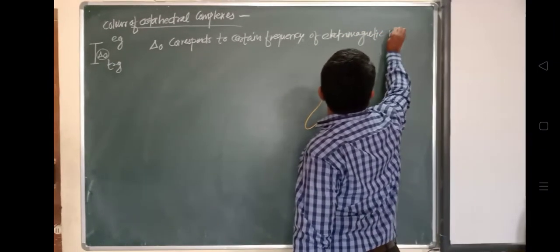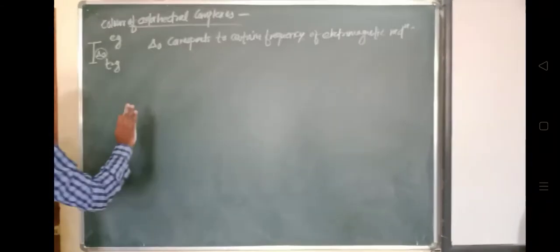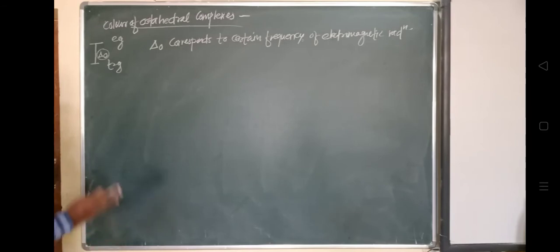It will have a certain frequency of electromagnetic radiation, and we know that it may fall in the range of visible light.